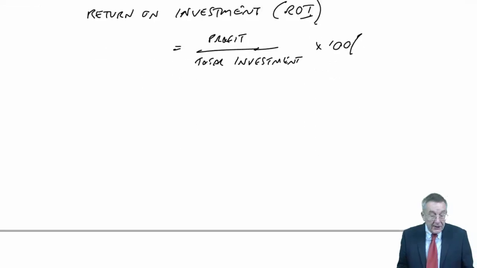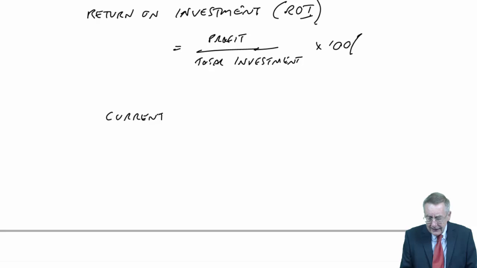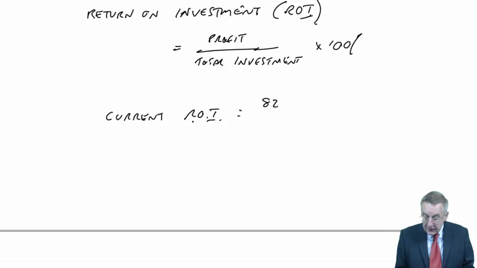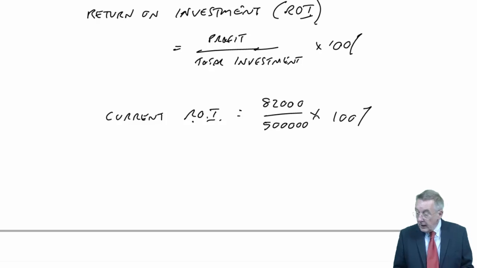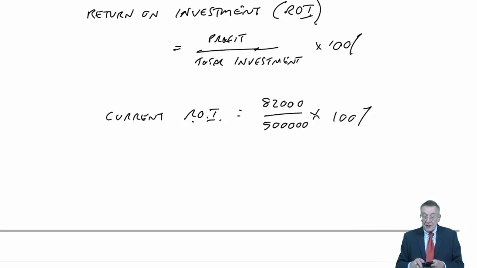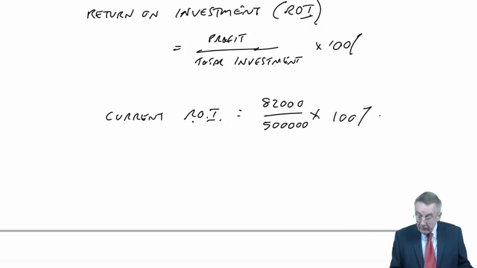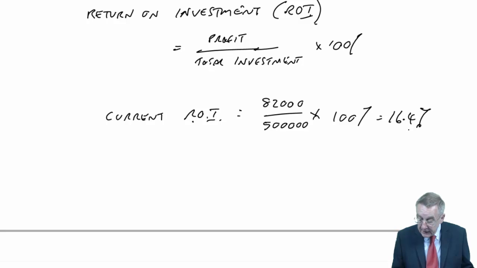When the manager's deciding, shall we take this new investment or not, he'll be saying, if I don't take it, what's the return on investment? Currently, we're making 82,000 on investment of 500,000. So the division's reporting 82 on 500, a 16.4% return.